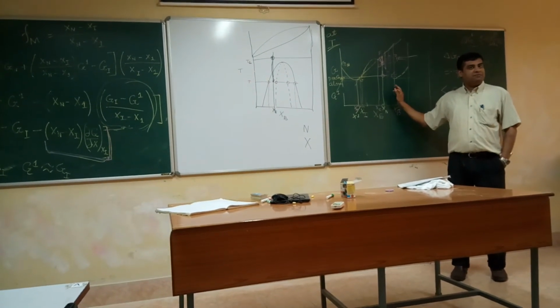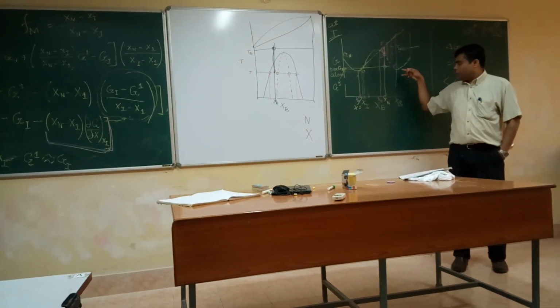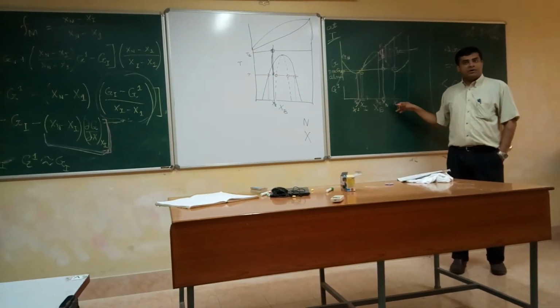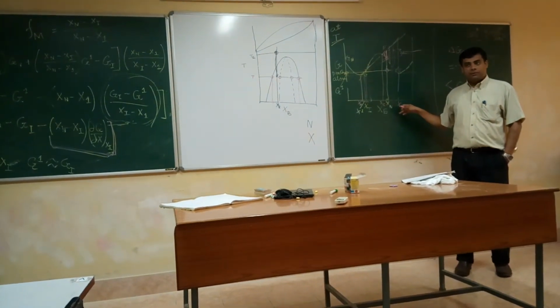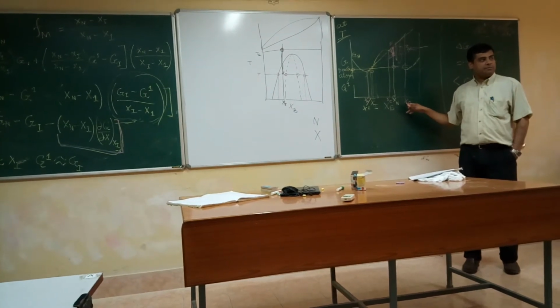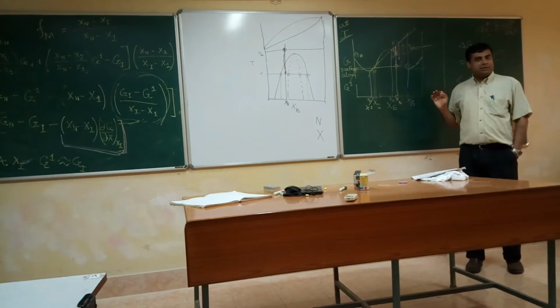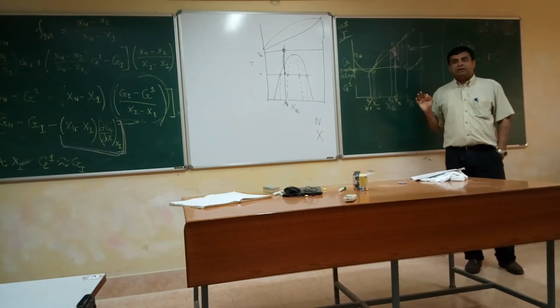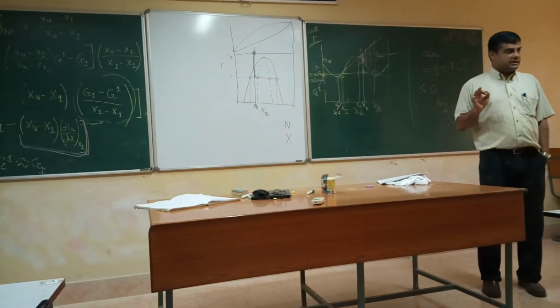Maximum delta GV value: the delta GV is maximum for the equilibrium composition of the embryo, x beta. If your embryo composition is the stable composition of the product, then delta GV is maximum. Ideally that should give minimum delta G star and maximum nucleation rate.